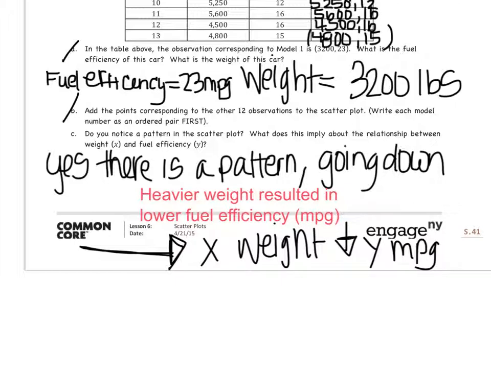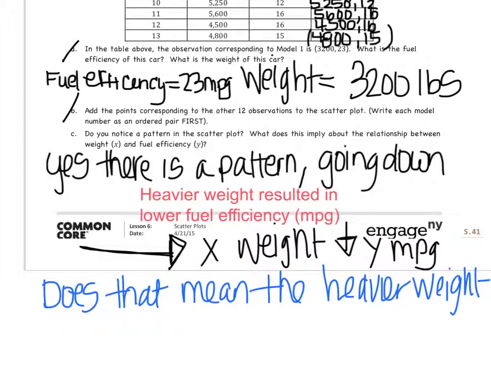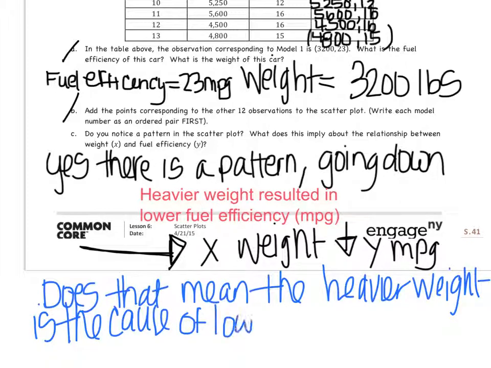So something that I want to point out though, it resulted in a lower fuel efficiency. Now a question that I'm going to pose to you: does that mean the heavier weight is the cause of lower miles per gallon or fuel efficiency?